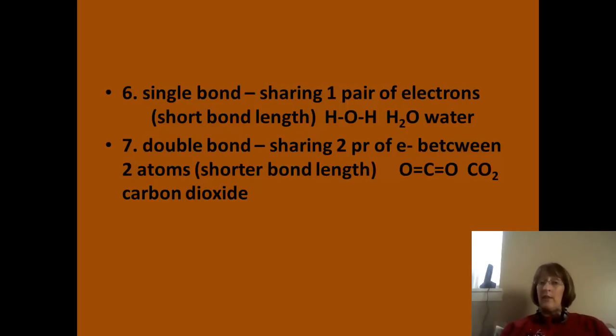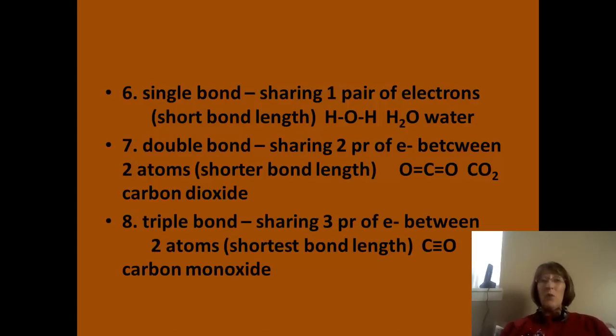It's a shorter bond length, and an example would be carbon dioxide. And if we have single bonds and double bonds, I bet we also have triple bonds, where you have 3 pairs of electrons shared between the atoms. This is the shortest bond length. Boy, that triple bond, it's a strong bond, it's short between them. An example of that is carbon monoxide.